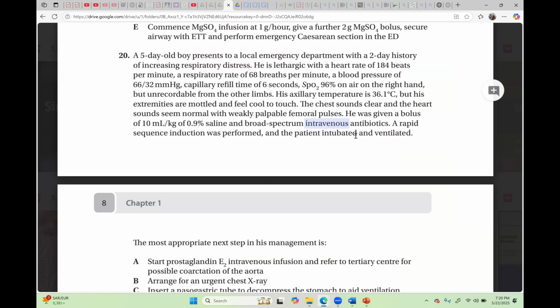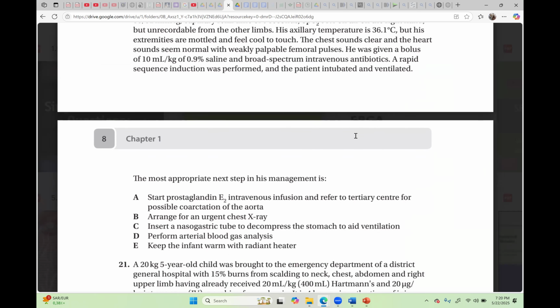And the answer to this question was prostaglandin E2, because it will maintain the ductus arteriosus.